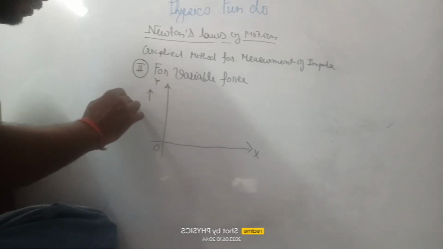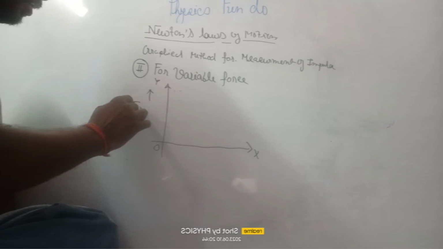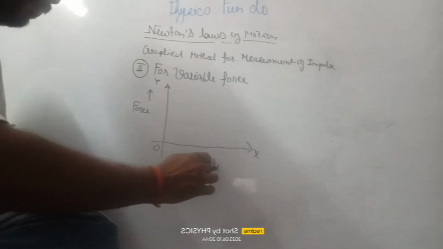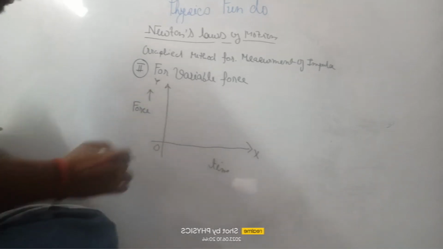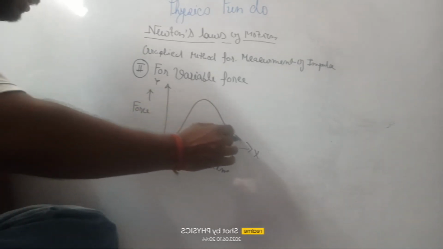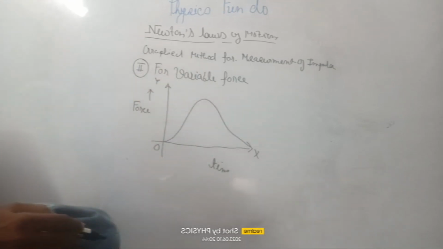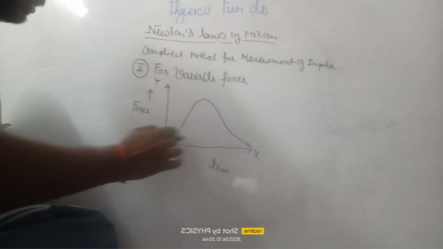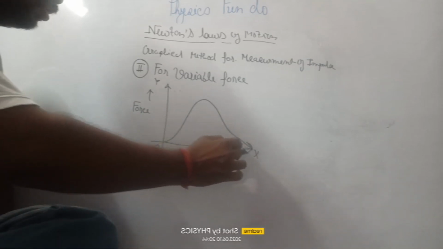Along the y-axis we take the force, and along the x-axis it is time. Now the graph we consider, it may be like this. Now let us take a strip. It is starting from 0 to T.